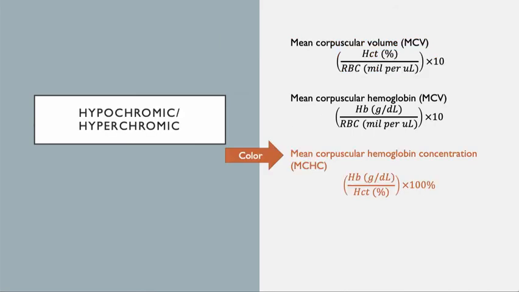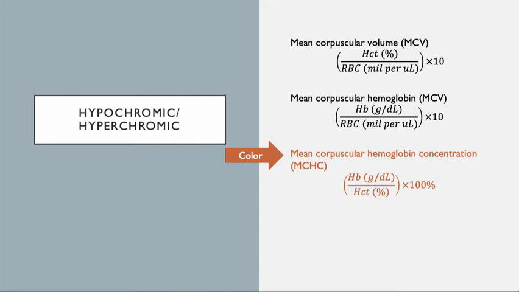Easy. The color then comes from understanding the MCHC. That is the concentration of hemoglobin in the average red blood cell. And here's the formula for that.